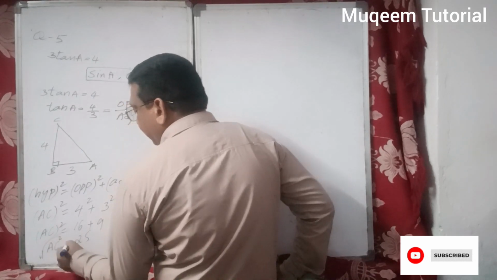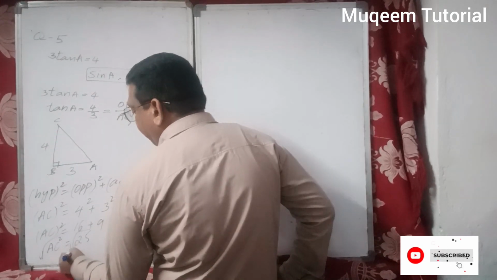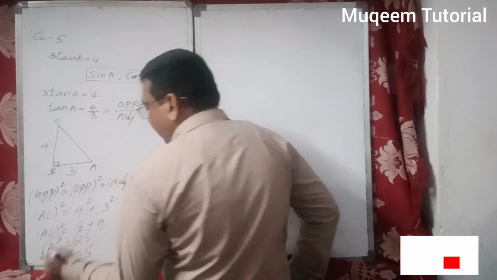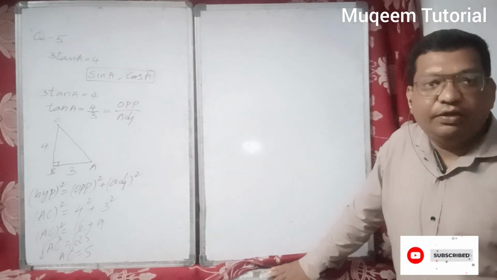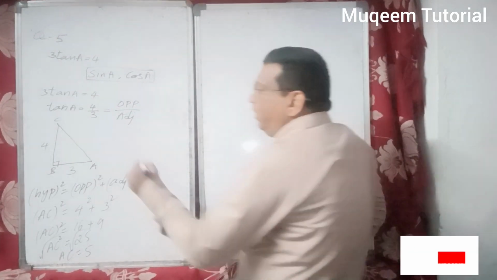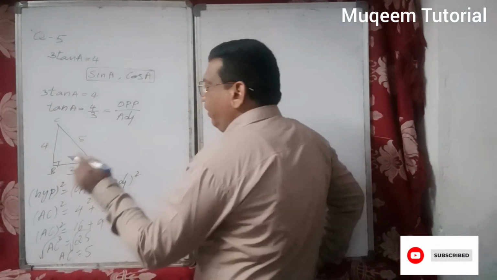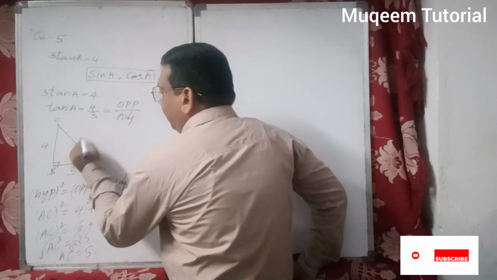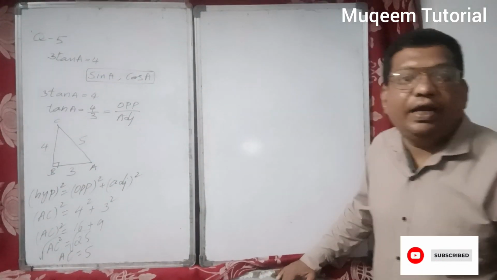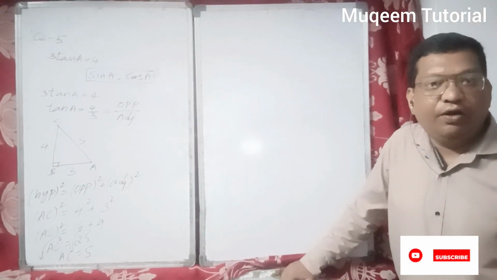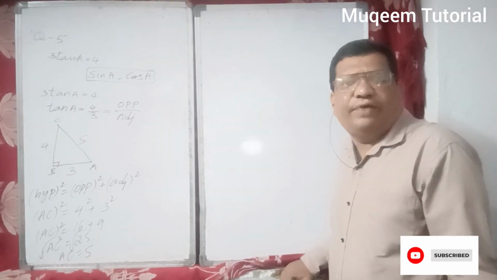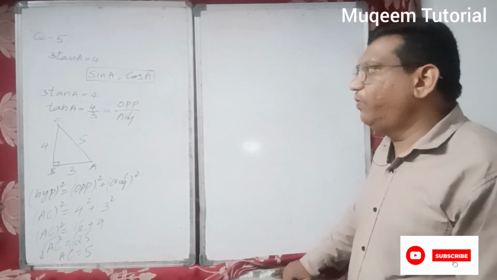That means AC is equal to 5. Now we have the hypotenuse, so we can find anything. It is very easy for you also.